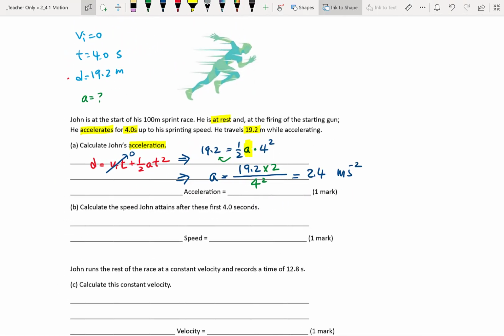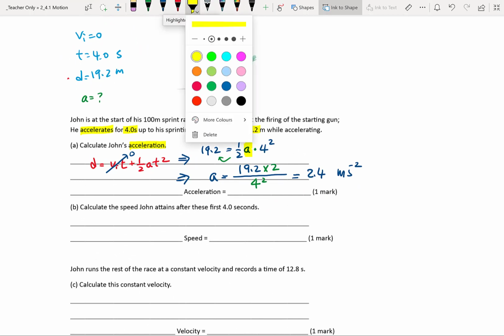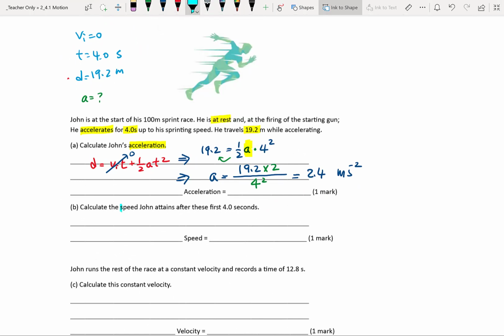And B, calculate the speed. We want to know the speed at the end of this first 4 seconds. In other words, we are going to find the final speed. Vf equals Vi plus at. Vi is 0, we don't need to worry.